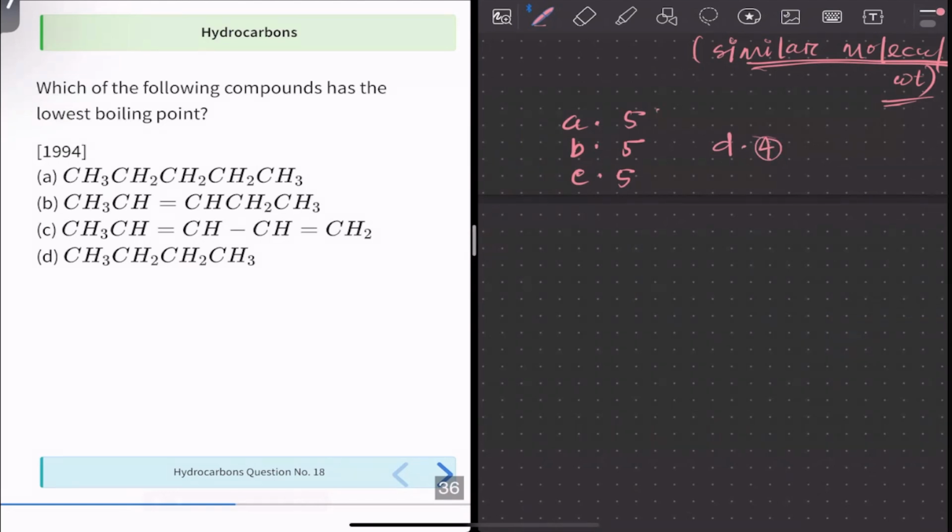Here we can decide which will have the least boiling point, because option D, having 4 carbon atoms, will have the least boiling point due to lesser molecular weight. So option D will be the answer.